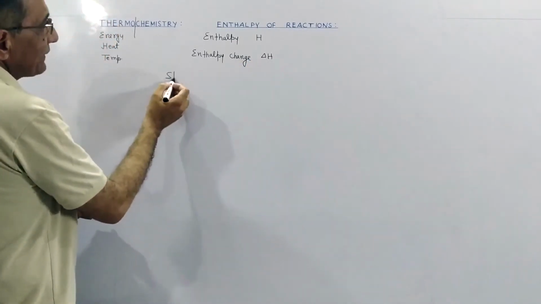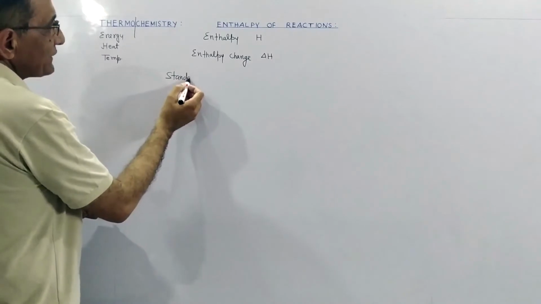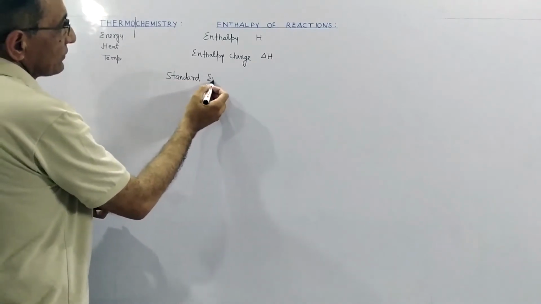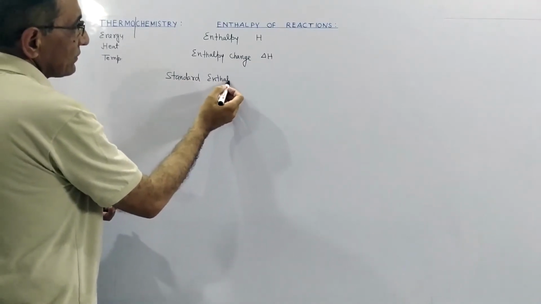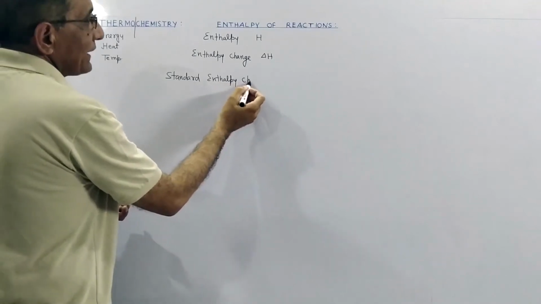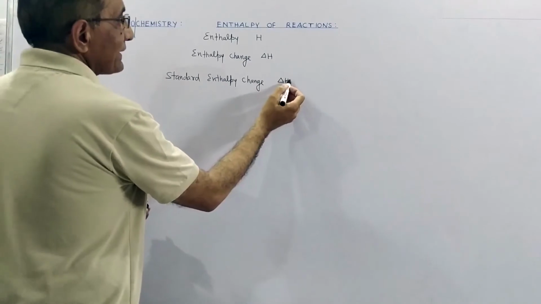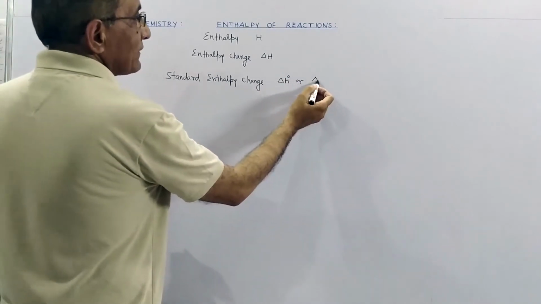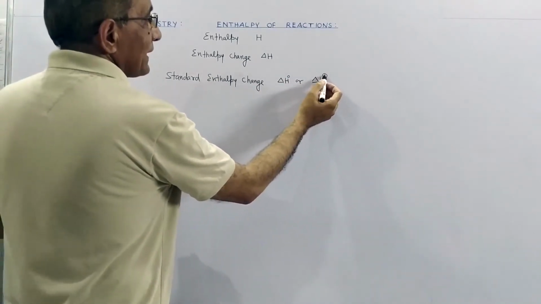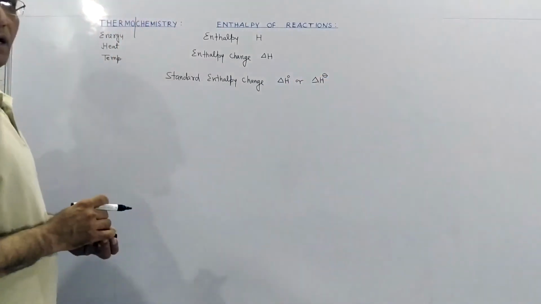And if we write standard enthalpy change, then it is denoted by delta H naught, or sometimes it's written like this, delta H naught.